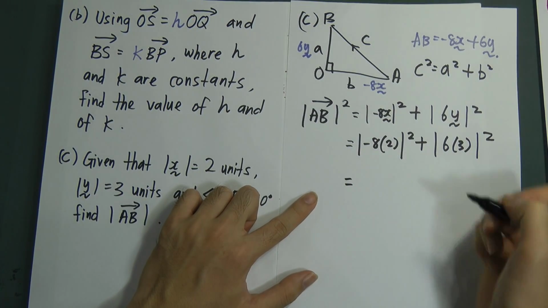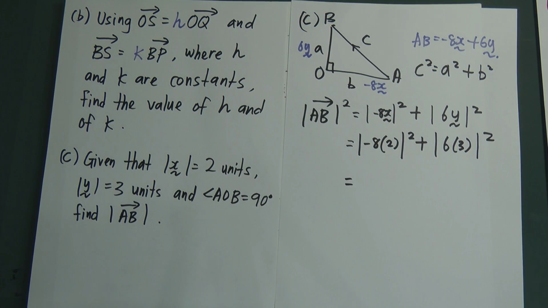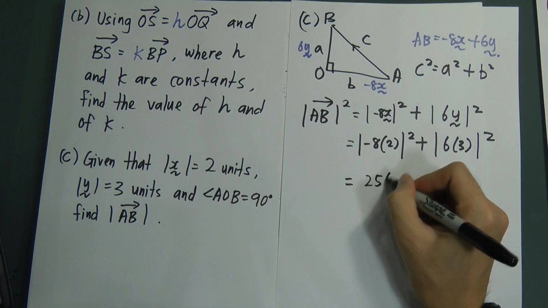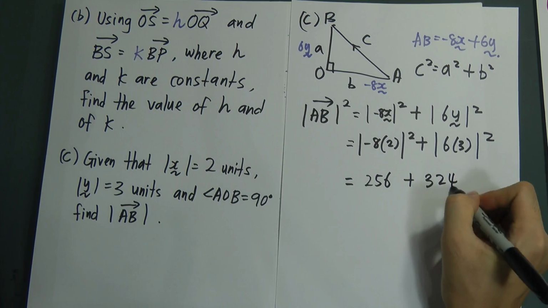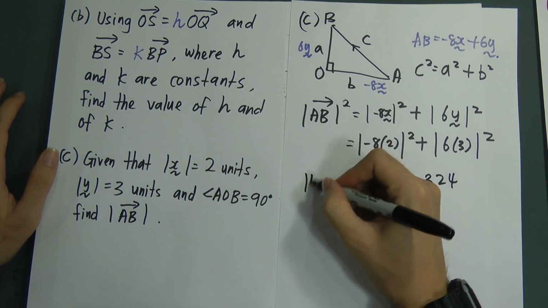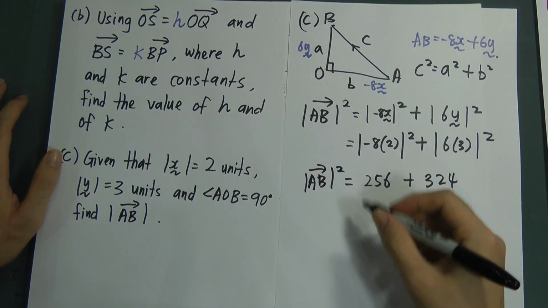So this one will be negative 16. Negative 16 squared means 16 multiplied by 16. We have got 256 plus 18 squared, we have got 324. So the magnitude for AB squared will equal to this.